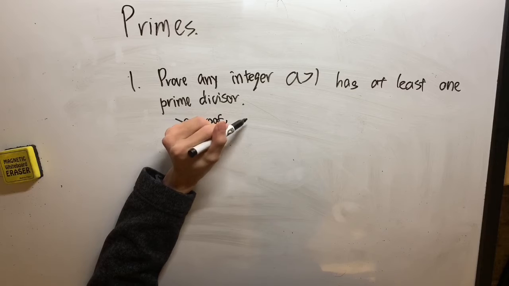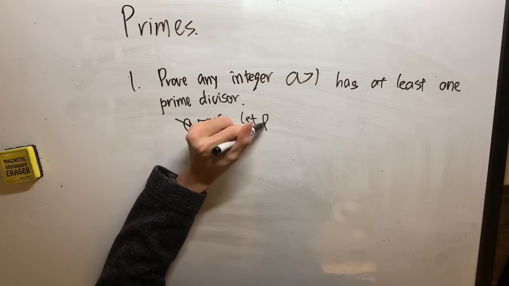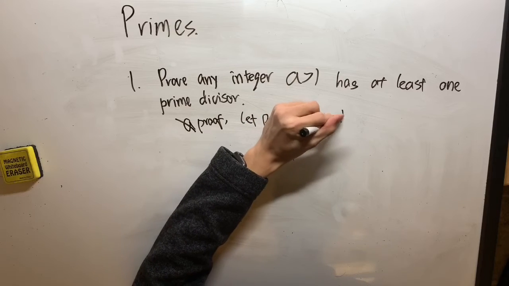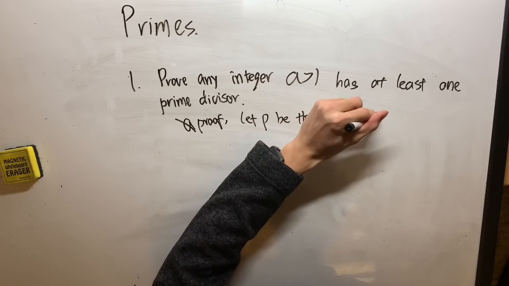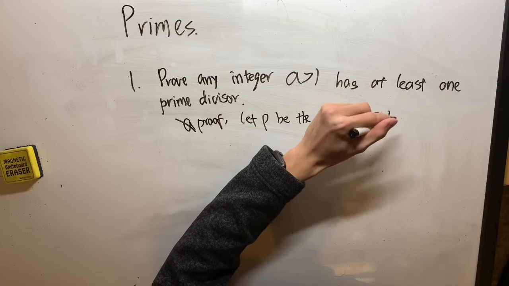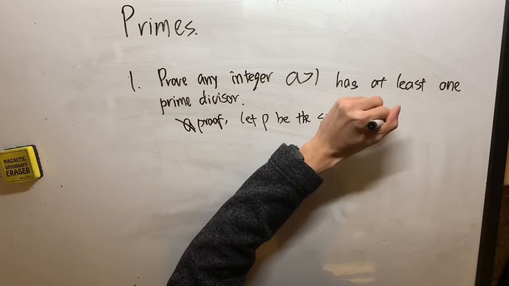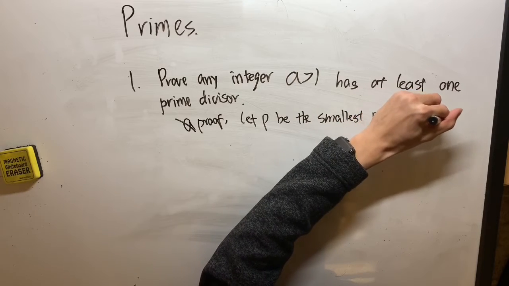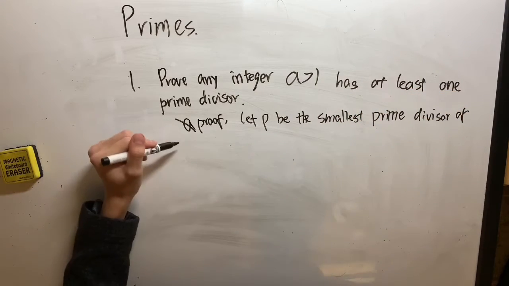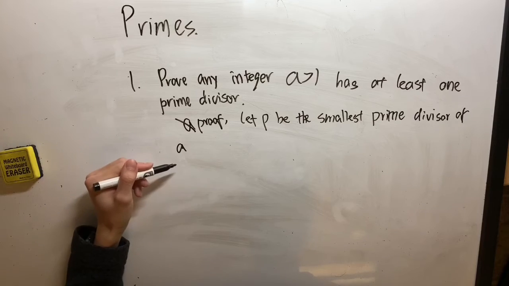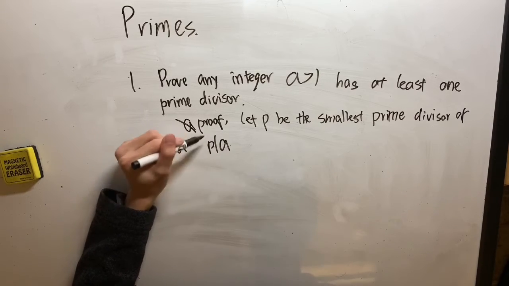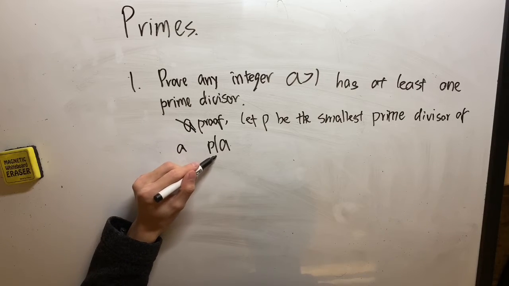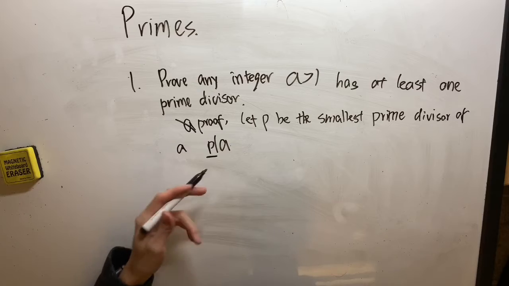First, let p be the smallest prime divisor of a. Then p divides a. However, can p be a composite number?